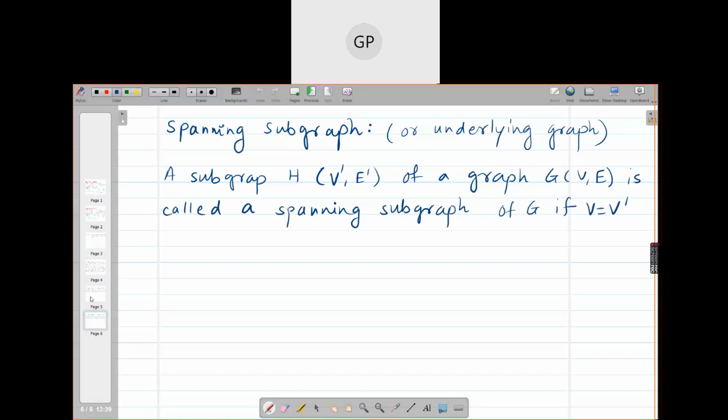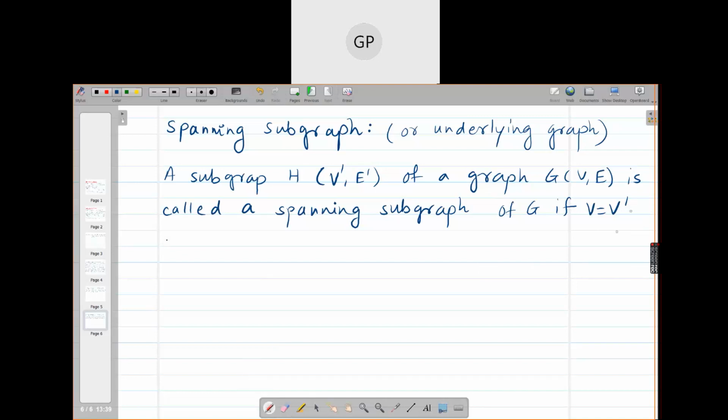So the vertex set of both the graphs is the same. Yeah, this is the definition of spanning subgraph.